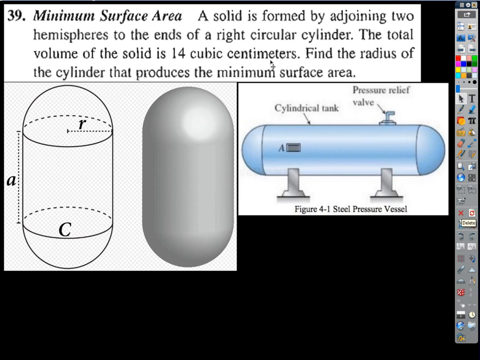That's a possibility. But we're assuming that it's going to be a capsule like this, and it might devolve into a situation where the lateral area of that cylinder might just go away completely. It's possible, right?